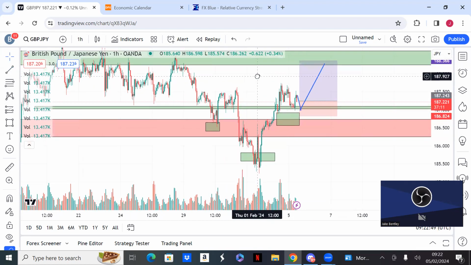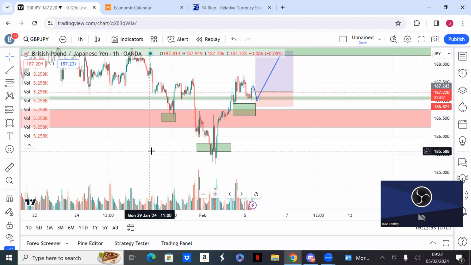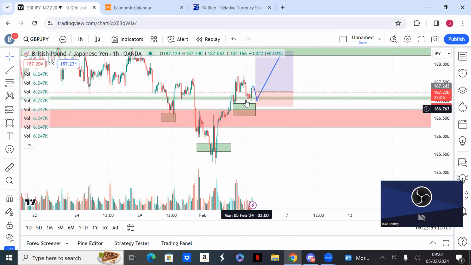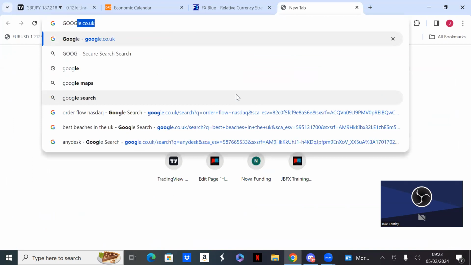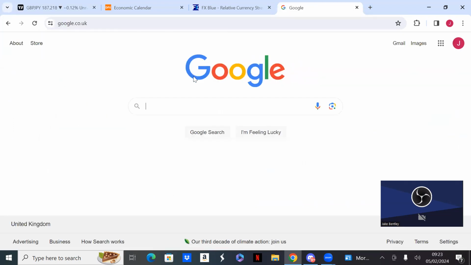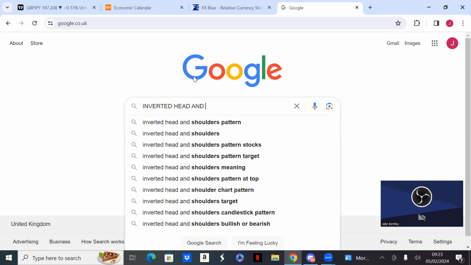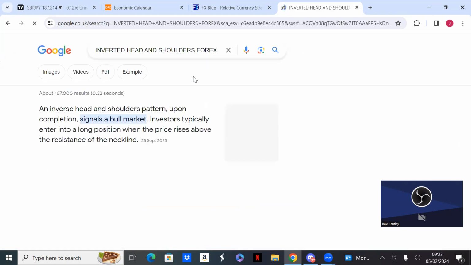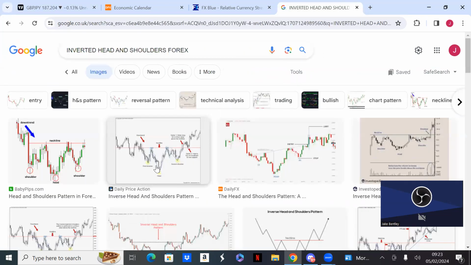It's an inverted head and shoulders. So you have the left shoulder, the head, and the right shoulder. This is an inverted head and shoulders.